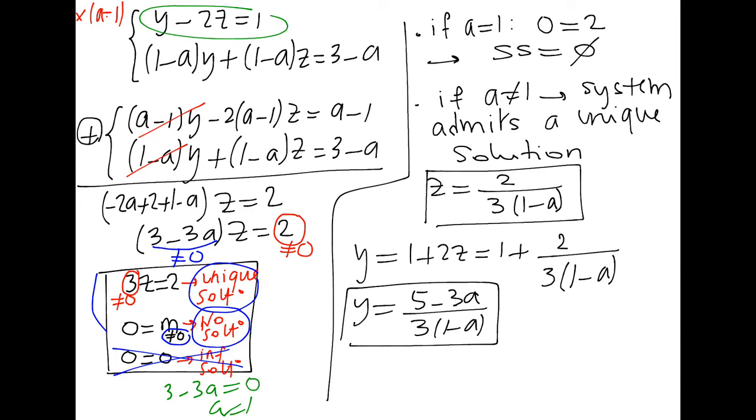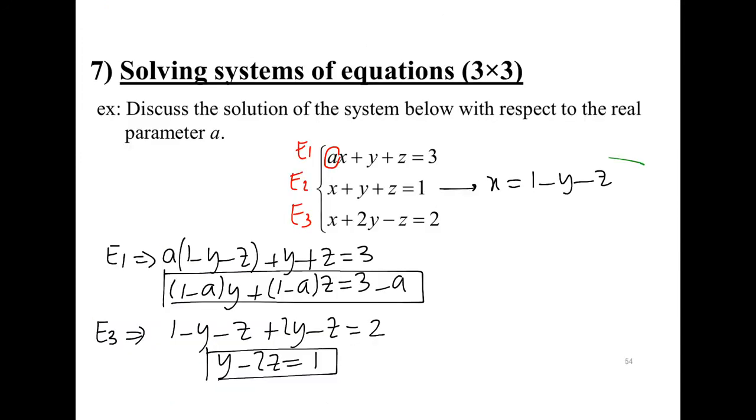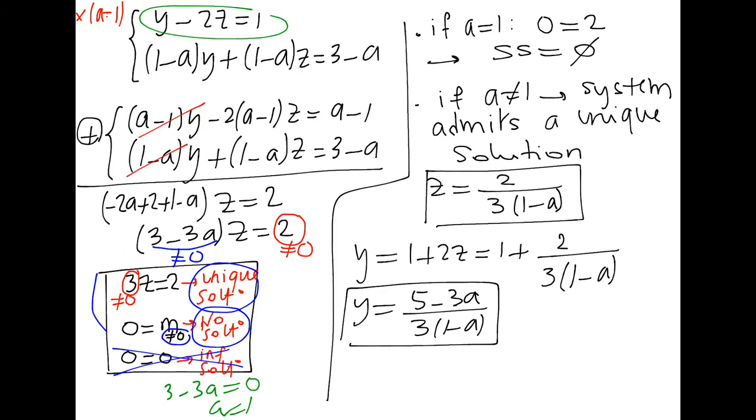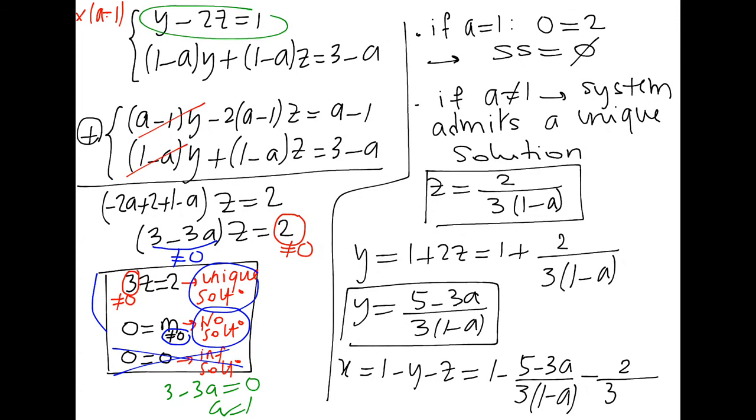And then I go back to this equation here for x in terms of y and z, which is x equals to 1 minus y minus z. So it's 1 minus 5 minus 3a over 3 into 1 minus a, minus 2 over 3 into 1 minus a.